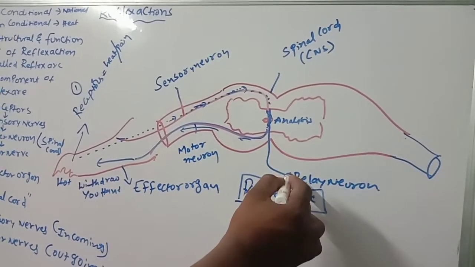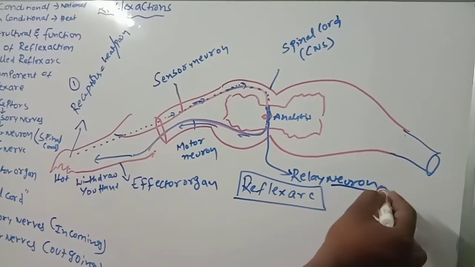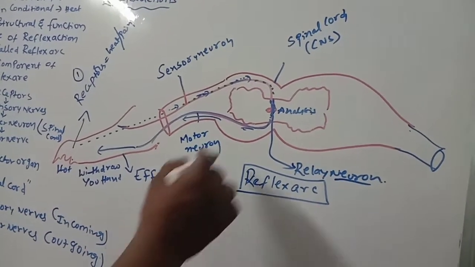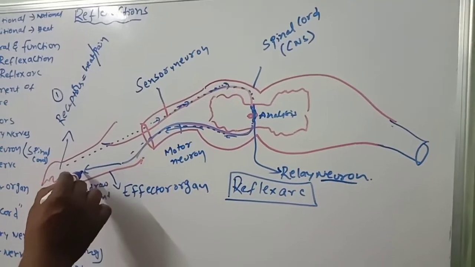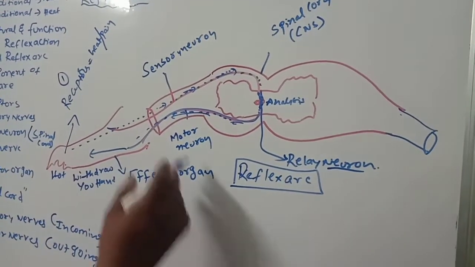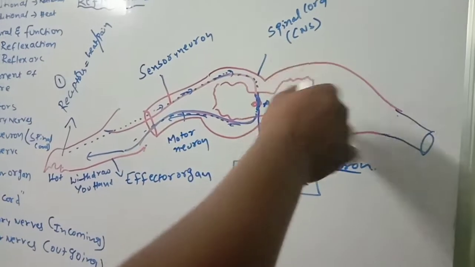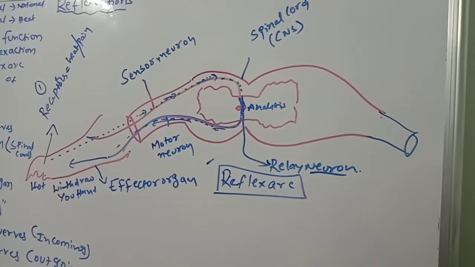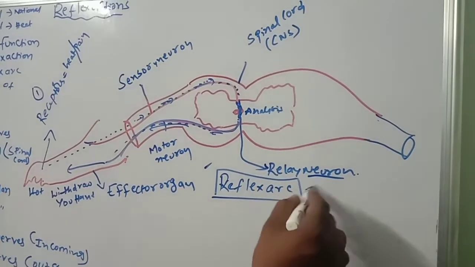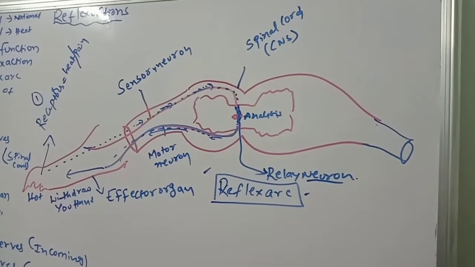What is another name of the interneuron? Relay neuron. Then the message goes from the interneuron to the effector organ to withdraw. All these parts together are called the reflex arc, the structural and functional unit of reflex actions.